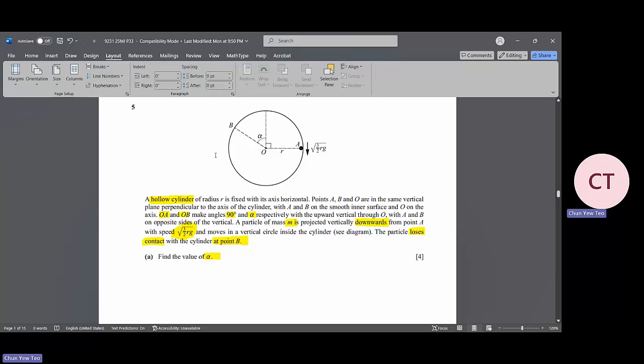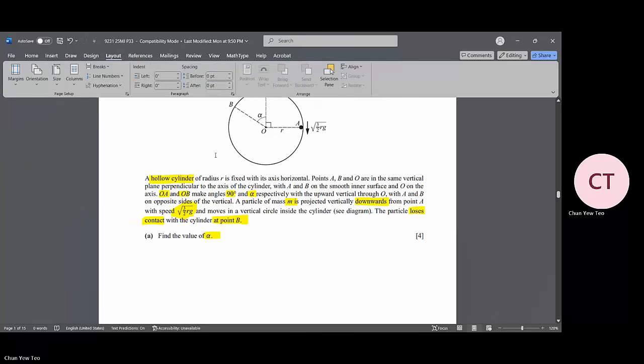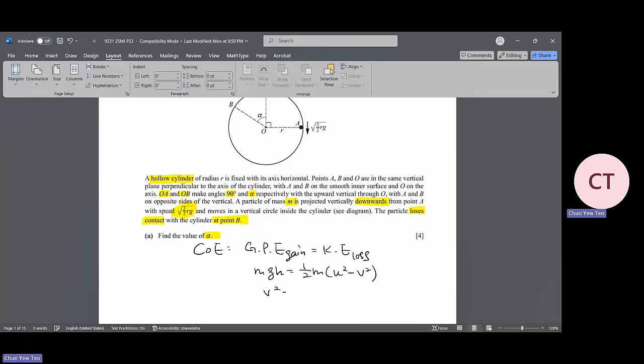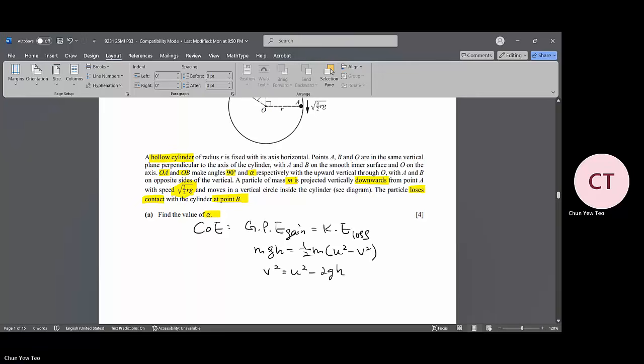So what you need to do is conservation of energy. So we just start directly from conservation of energy. We have the GPE gain, because you're moving from A to B, equal to the KE loss. So it will be mgh equal to half m of u square minus v square. So you will have v square equal to u square minus 2gh.